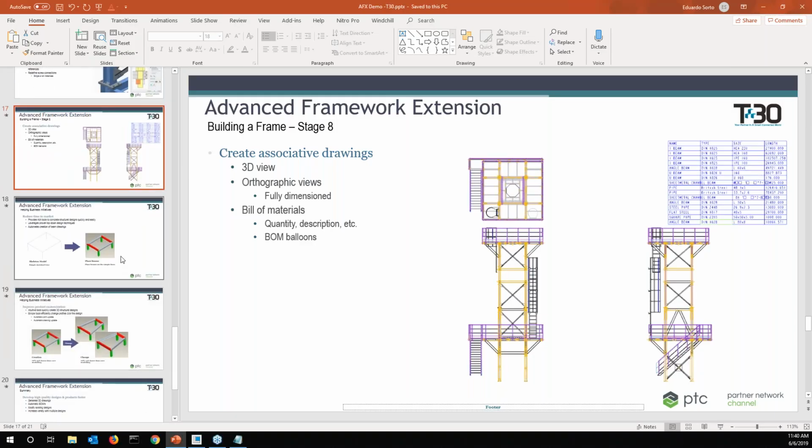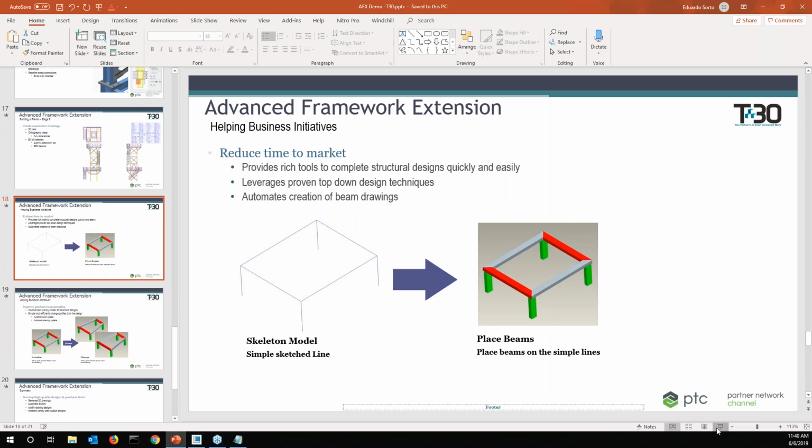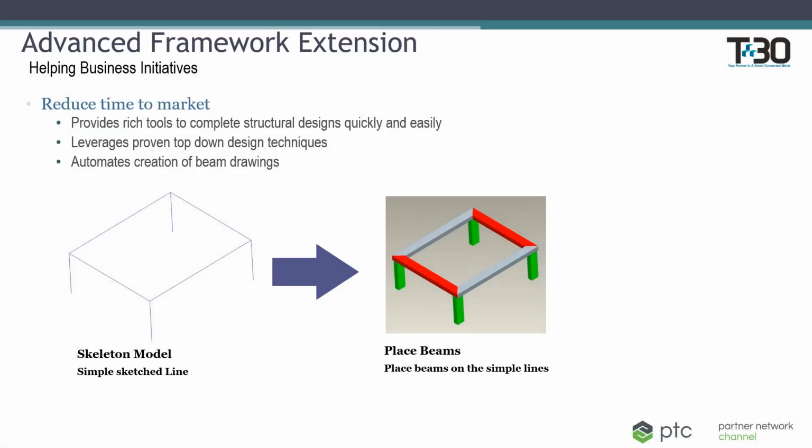I'll just wrap this up with a quick summary of what the demo was and what the AFX extension offers. So I mentioned that it's easy to create these beams, spec out the profiles, and place these beams. So this works to produce quicker designs, and of course it results in a reduced time to market.